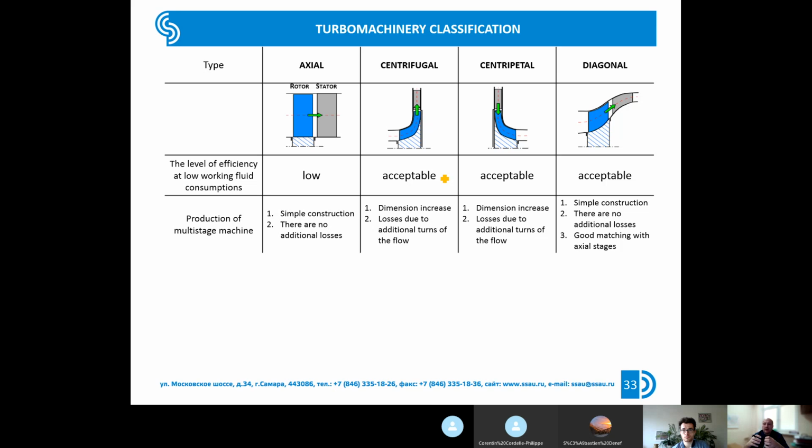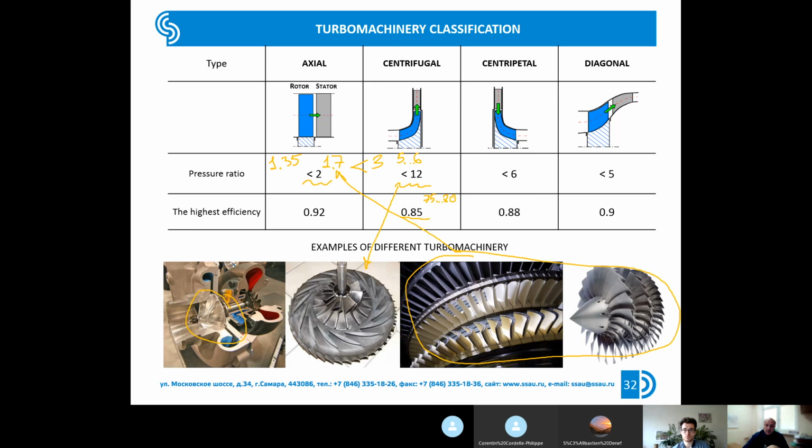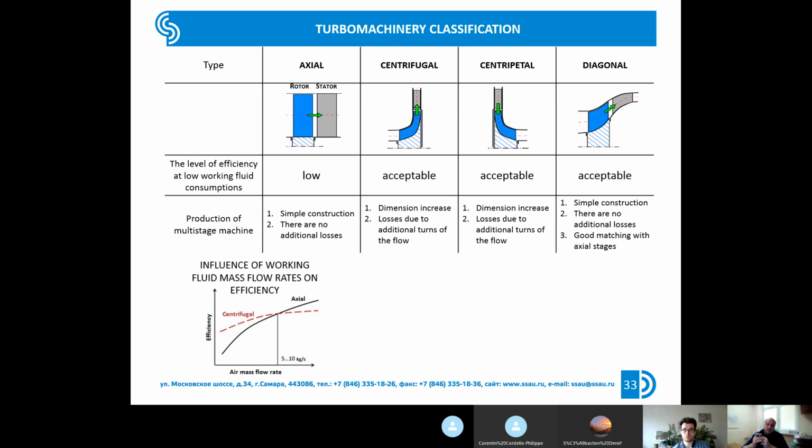In any case, when you reduce the mass flow rate during the design process, the sizes of the blades will decrease, and decreasing the sizes of the blades leads to an increase in losses. It is a factor which reduces the efficiency. And that's why, if you reduce the mass flow rate, all types of turbomachinery will reduce efficiency.